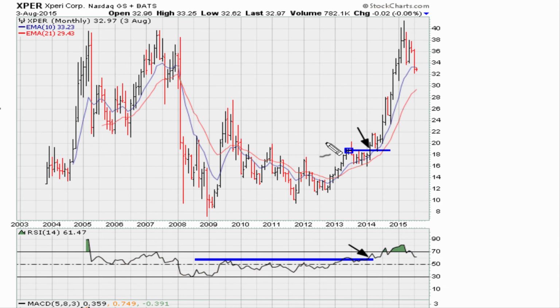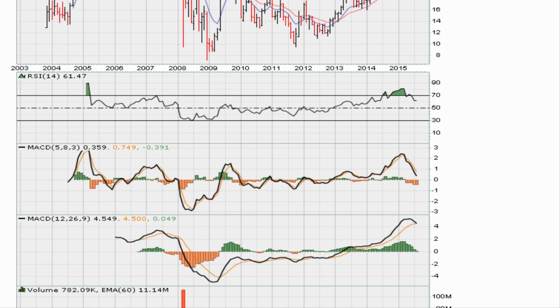The stock does break out, comes back and tests this, finds support there, and ultimately goes on to record higher price levels. So we're talking about January, February of 2014.